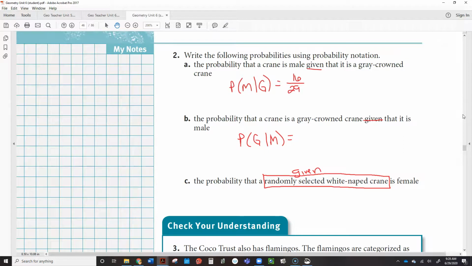We're looking for the probability that something is female, given that it's a white-naped crane. I guess we'll use the letter W. So in this one the given is implied, so you have to be careful about finding that implied given right there.